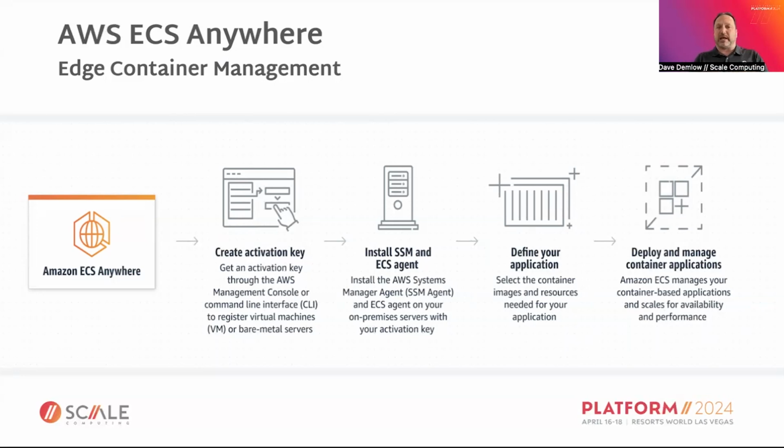It's basically these steps: you activate ECS Anywhere, you create an activation key, you deploy the SSM and ECS agent. And this can all be done with automation. So I have Ansible playbooks and Cloud Init scripts that automatically deploy these runtimes and register them up to AWS ECS Anywhere. Once you're all connected, you just define your application containers and the resources they need, and then you push out and deploy your applications to, again, any number of central or remote sites.